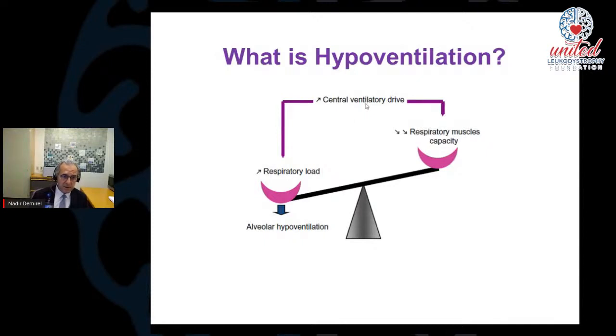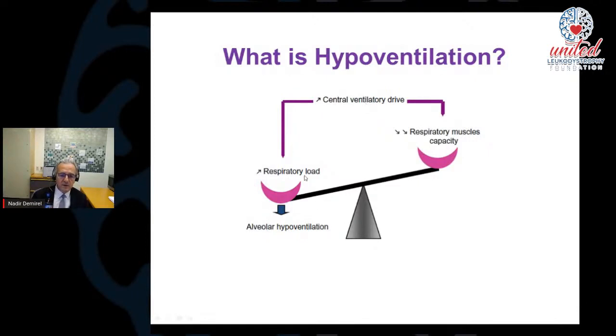And this central ventilatory drive is balanced with sensors in our body that measure the oxygen level and the carbon dioxide level in our blood all the time. Like someone checking their blood sugar, these sensors are checking these two gas concentrations. If the oxygen goes down or the carbon dioxide goes up, they send an extra stimulus to the respiratory muscles.